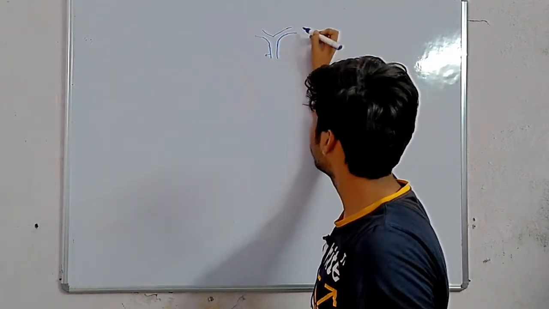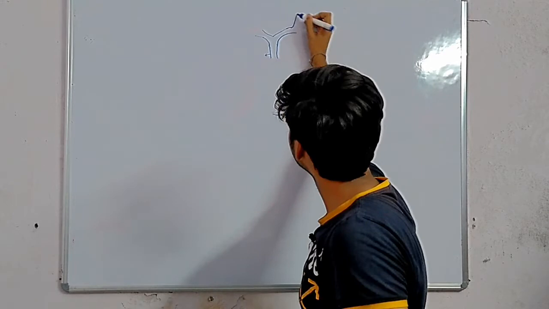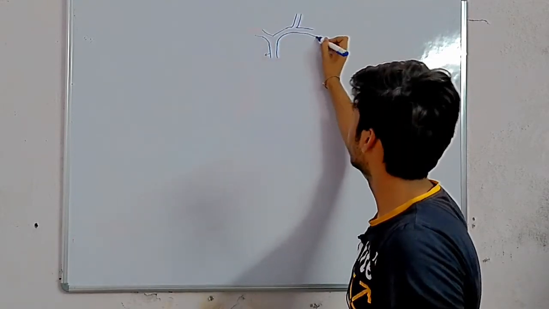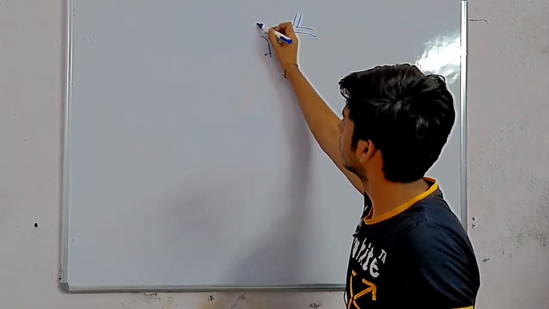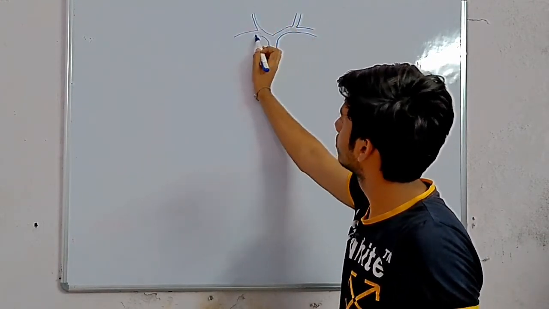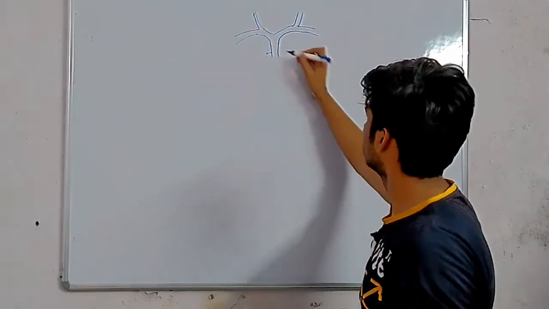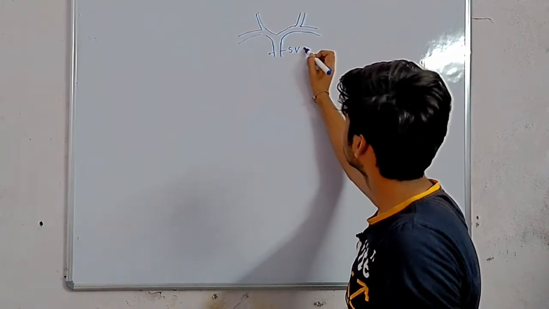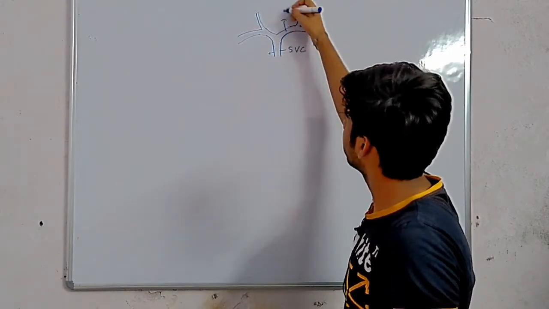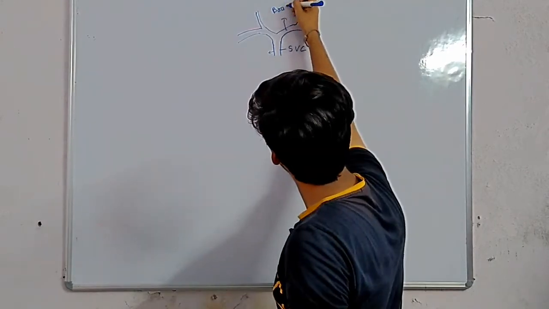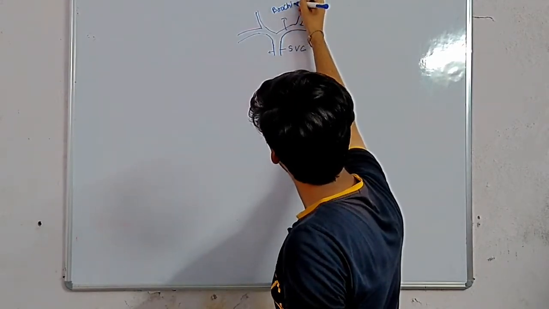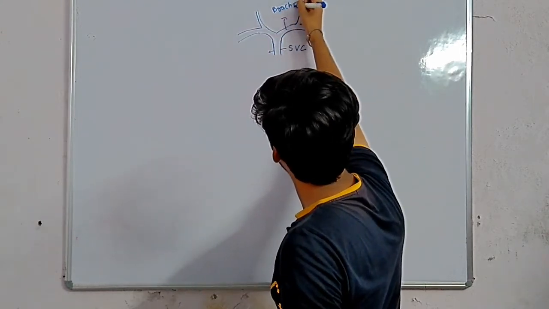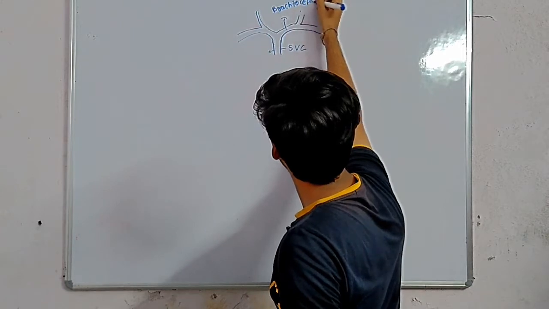The left and right brachiocephalic veins each divide into the internal jugular vein and the subclavian vein. Same. This is the pattern of the superior vena cava. This is the superior vena cava. This is the brachiocephalic vein.